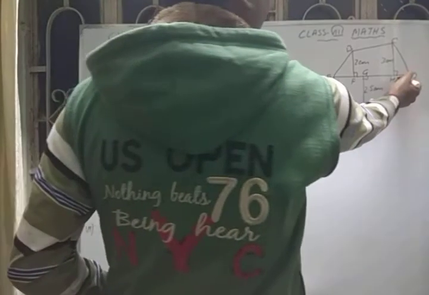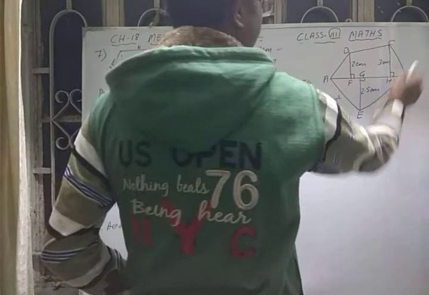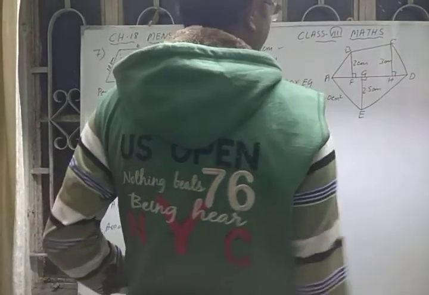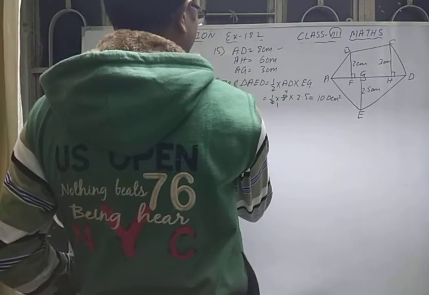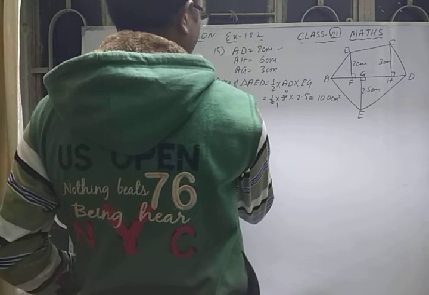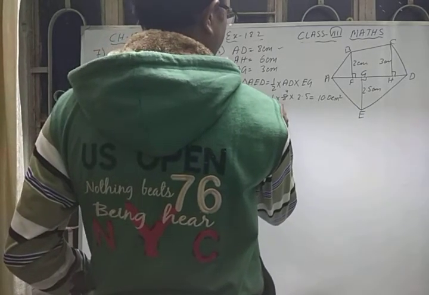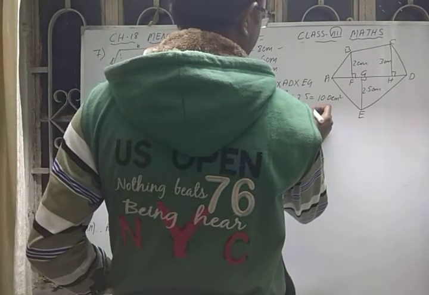You can first get the HD because total AD is 8 centimeter and AH is given 6 centimeter. So first of all you find the length of HD. HD is equal to AD minus AH, that is equal to 8 minus 6, that is equal to 2 centimeter.